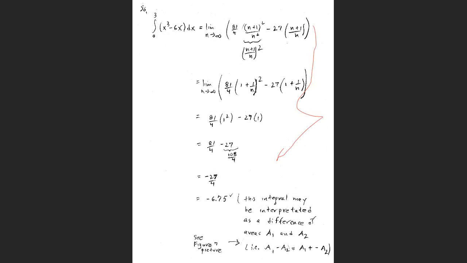We can do this, but the problem is it's rather time consuming. So we would like to have a quicker way to compute a definite integral. Section 5.3 in your textbook talks about a theorem called the evaluation theorem, which will give you a nice way to compute a definite integral.